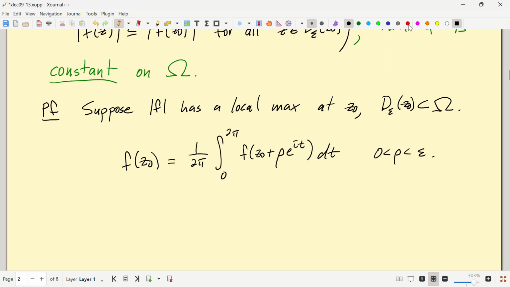I see that the modulus of f of z naught is going to be less than or equal to 1 over 2 pi times the integral from 0. By the way, this is going to be my maximum M. That's the max. That's less than or equal to the modulus. This is one of our classic estimates.